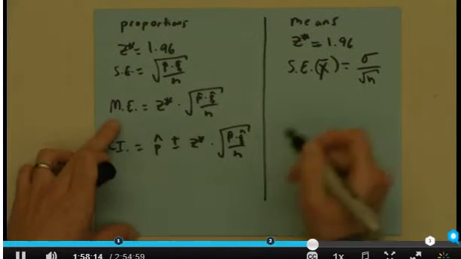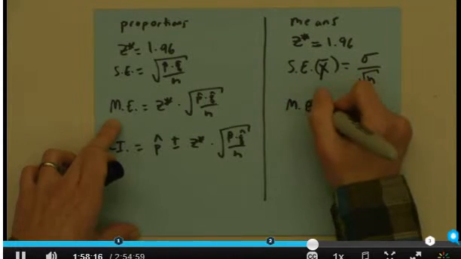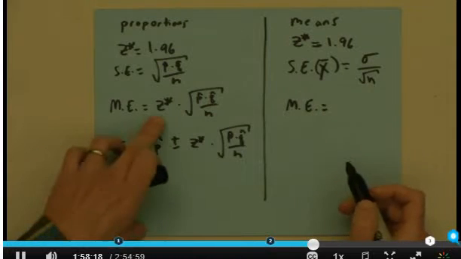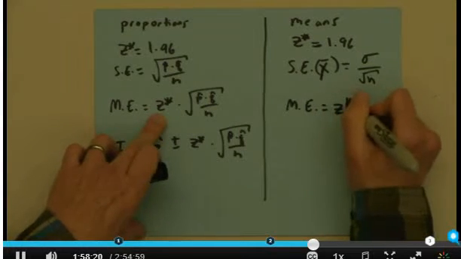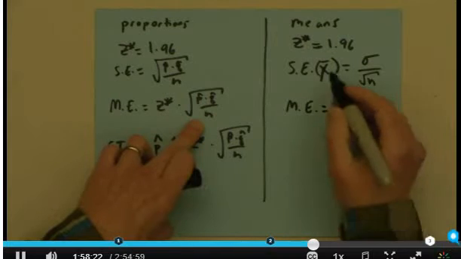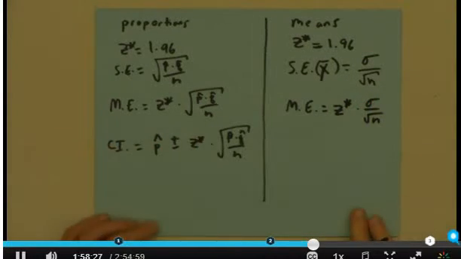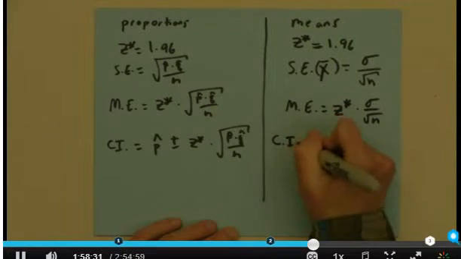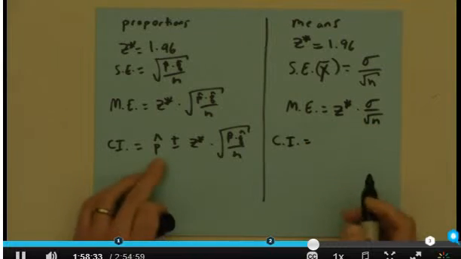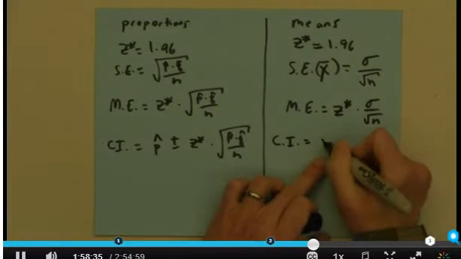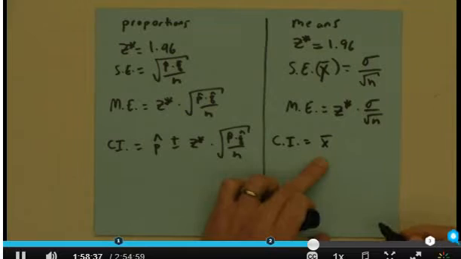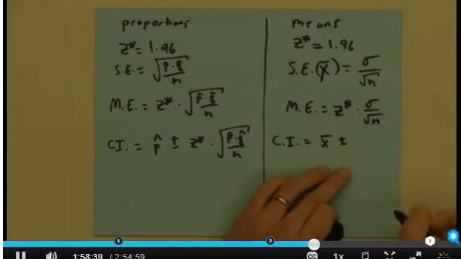And then I construct the margin of error using a very similar formula. I take this critical value times the standard error, which in this case is sigma over the square root of n, and then my confidence interval is the midpoint, which is the sample mean in this case, plus or minus the margin of error.